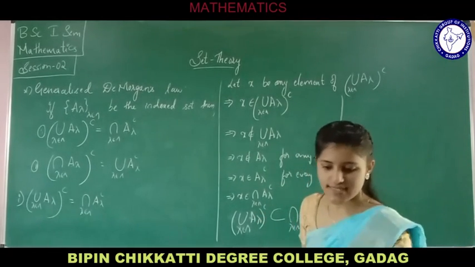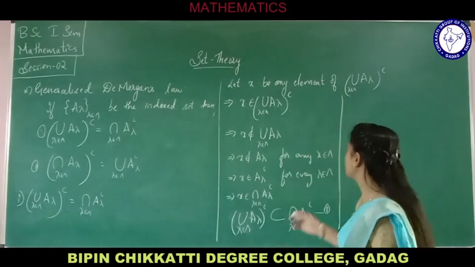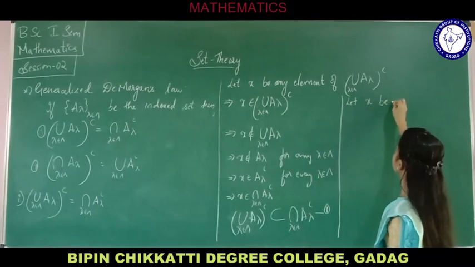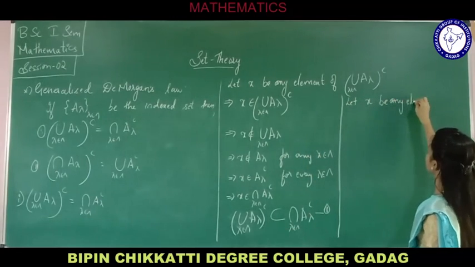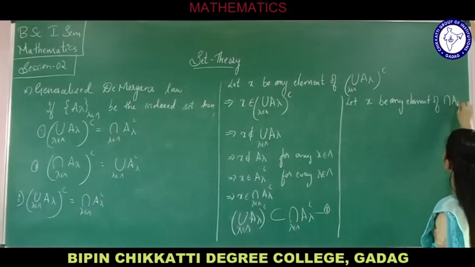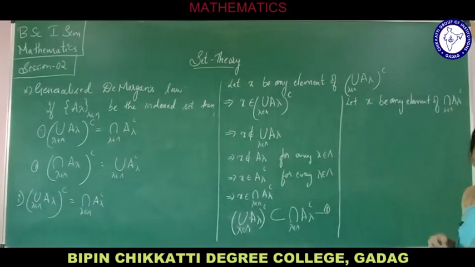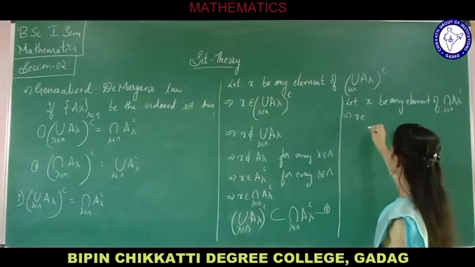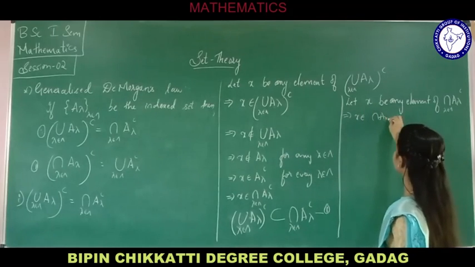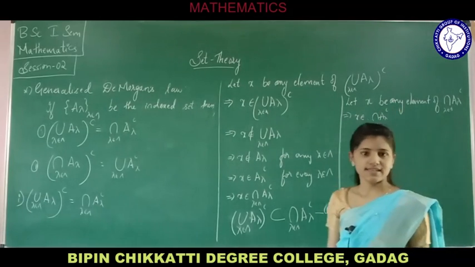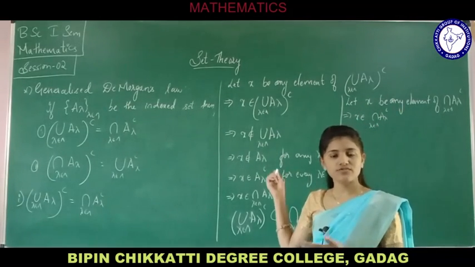Again let us consider that x be any element of the intersection of A lambda complement where lambda belongs to this indexed set. We write x belongs to the intersection of A lambda complement where lambda belongs to the indexed family. If it is so, then what is obvious?